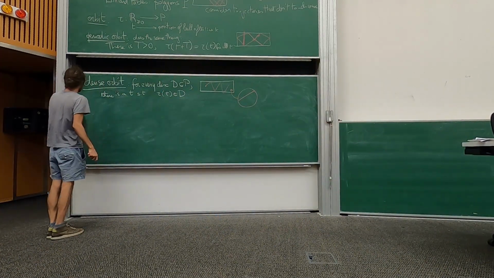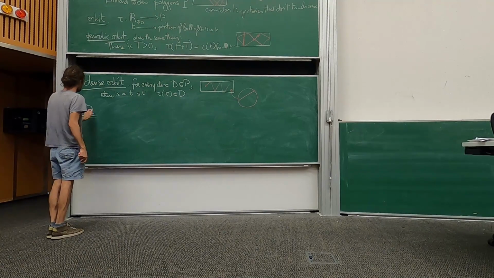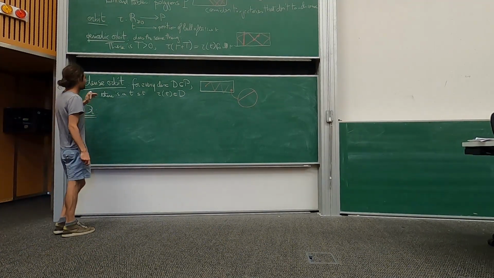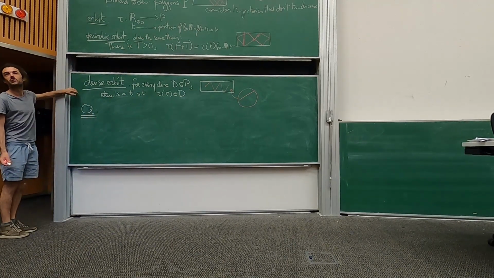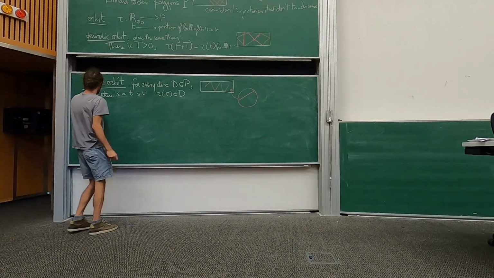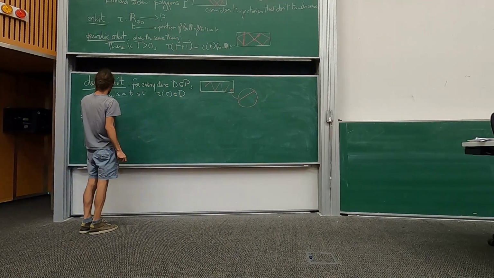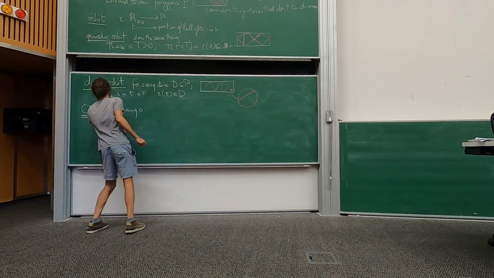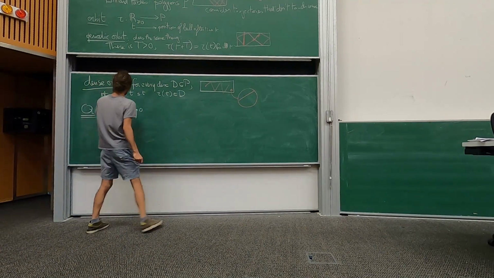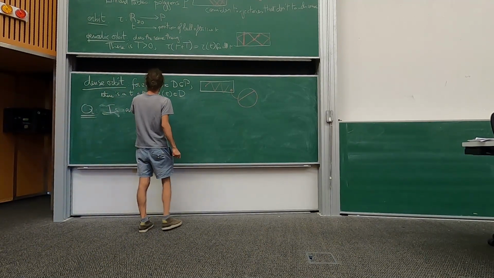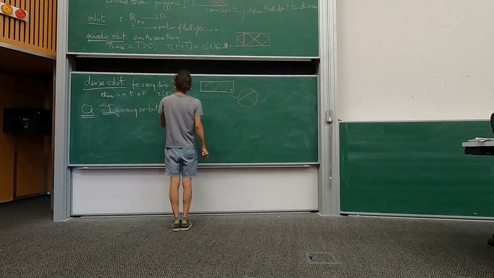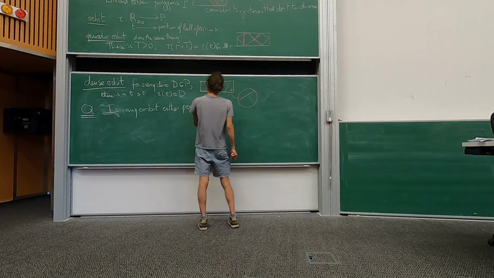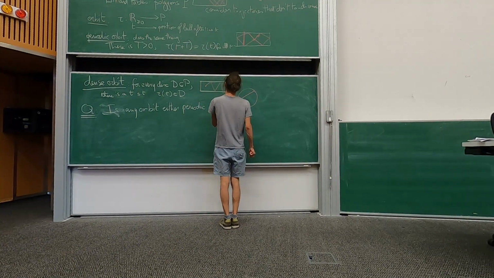And the question that I want to address is, what your question is, are we always in one of those two cases? Is any orbit either periodic or dense?